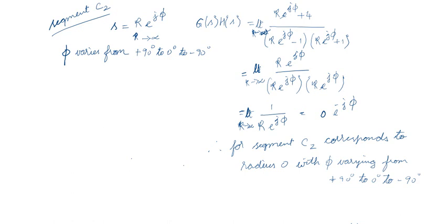So it becomes 1 by R e power j phi. Since R is infinite, it becomes 0. So e power j phi goes to the numerator and becomes e power minus j phi. What is the angle of phi?